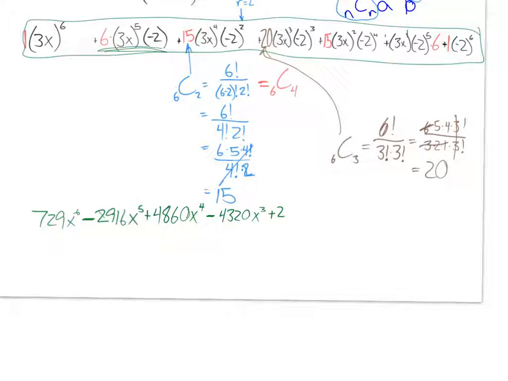And then the next one's going to be minus. And that's just x. And then plus 64. Okay?